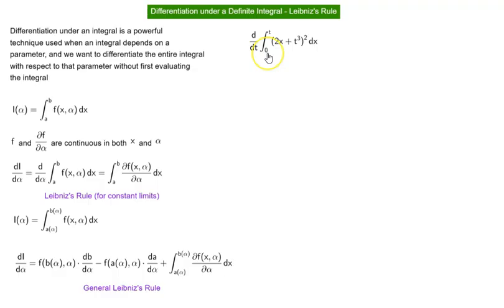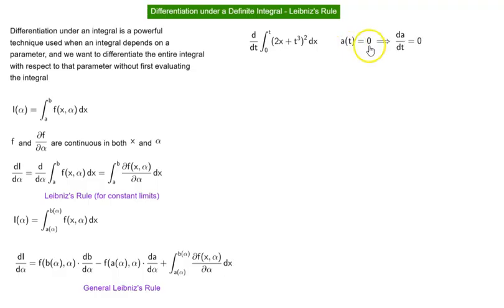But the difference is here, lower limit is 0, upper limit is t. In the previous example, the lower limit was 0 and upper limit was 1. So here the upper limit is a function of t. So let's see how this works out.